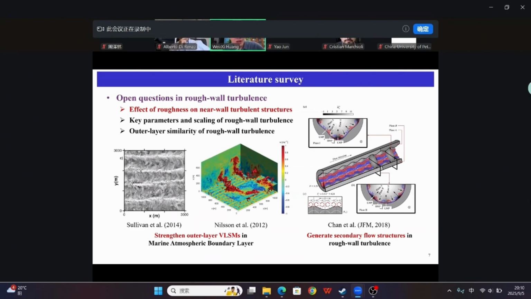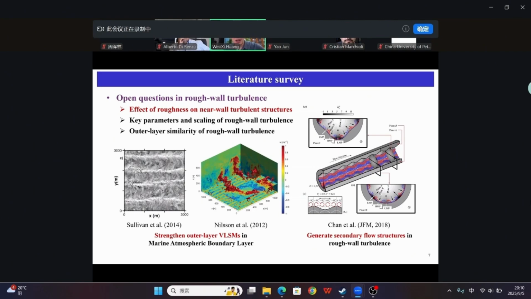This is also a very traditional and older problem, and people observe some complex phenomena. Recently, people observe that the strength of the outer layer very large scale motions, or secondary flows, is enhanced over the rough wall.